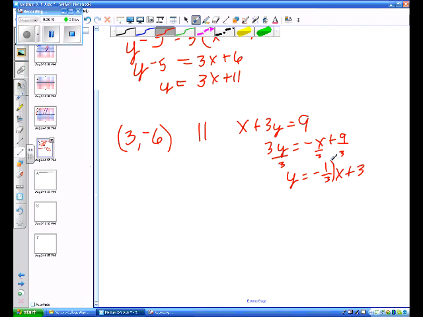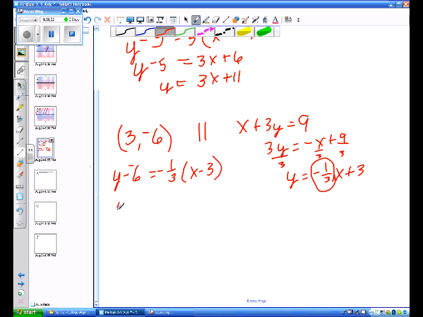Now all we need this for is to get our slope. So if we want the equation for the line that's parallel to that, it's going to have a slope of -1/3 and go through this point. So using our point-slope, y minus the given y is equal to our slope times x minus the given x.